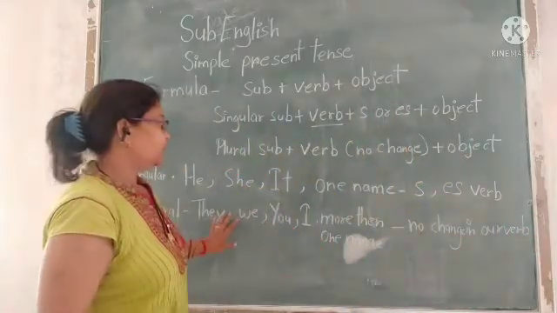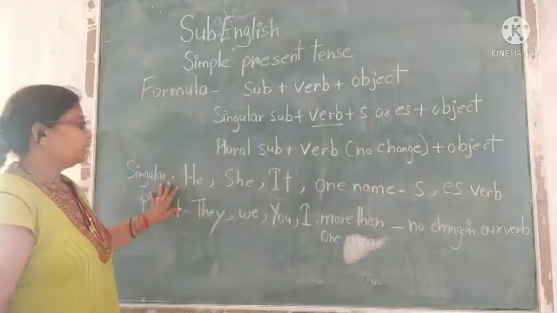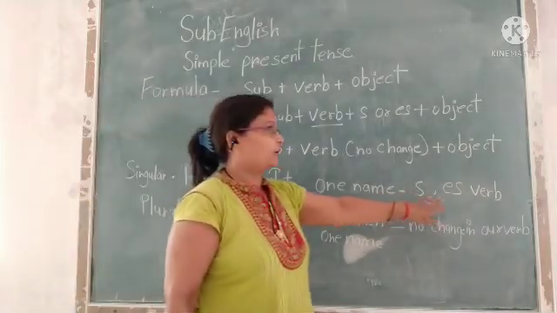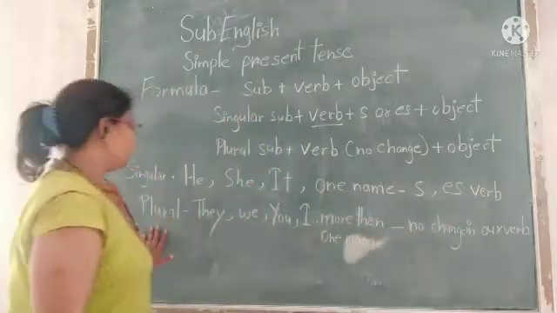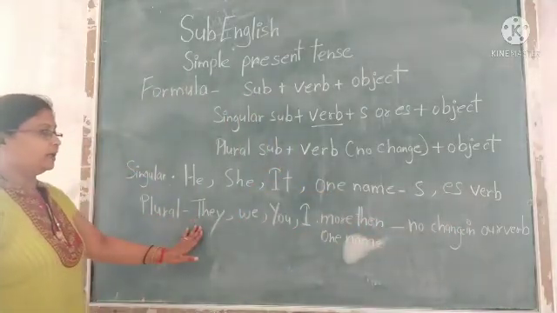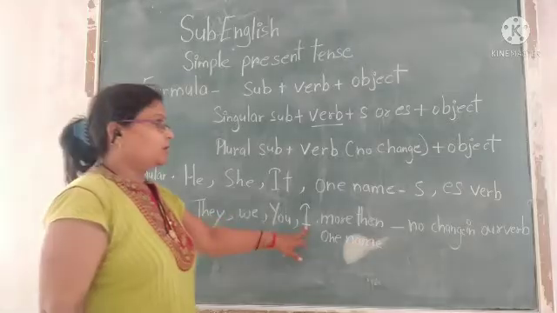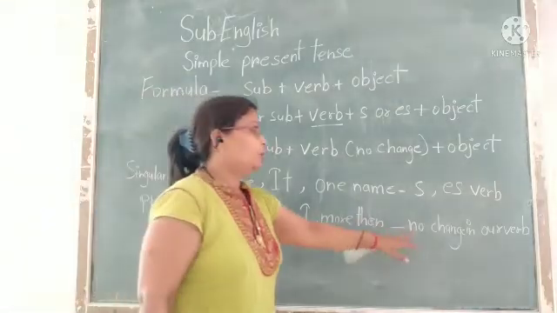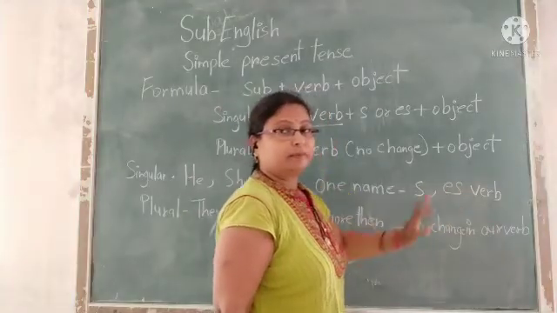Okay students, if our subject is singular like he, she, it or one name, we add s or es in our verb. If our subject is plural like they, we, you, I or more than one name, there is no change in our verb.